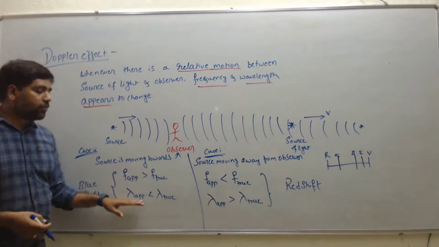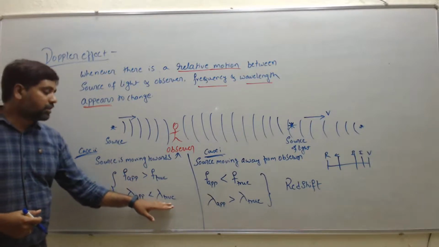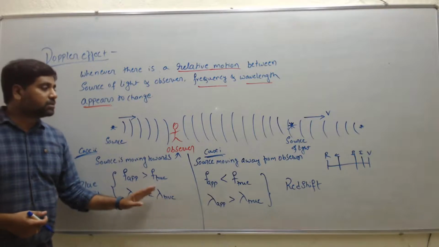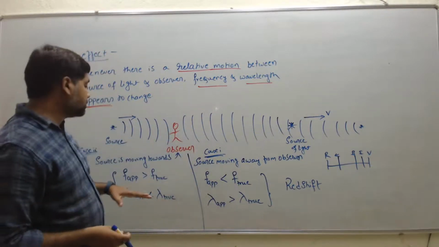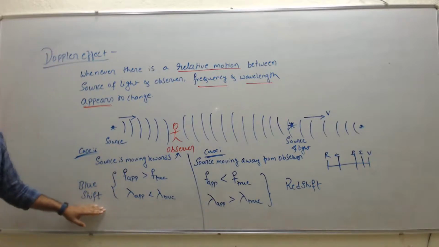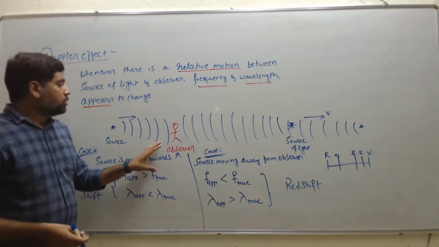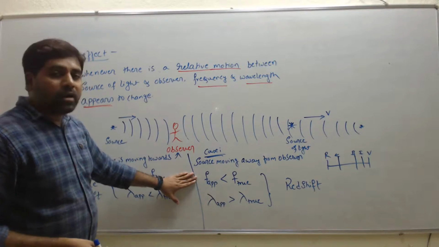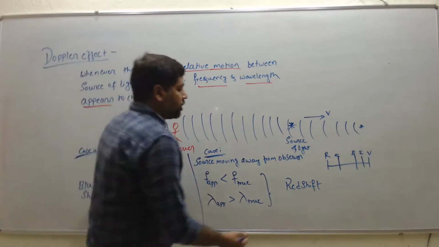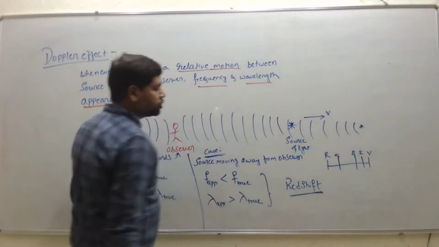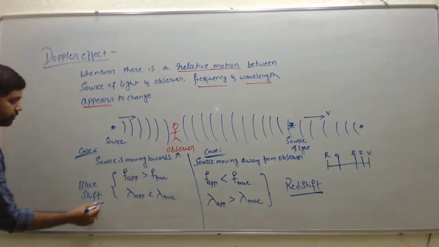In terms of wavelength, the apparent wavelength is less than the true wavelength. Hence the measured wavelength shifts towards the blue end of the spectrum, and we call that blue shift. So this is about the Doppler effect, in which we studied red shift and blue shift.